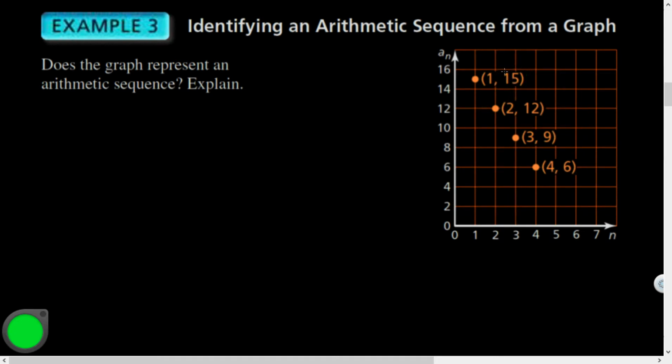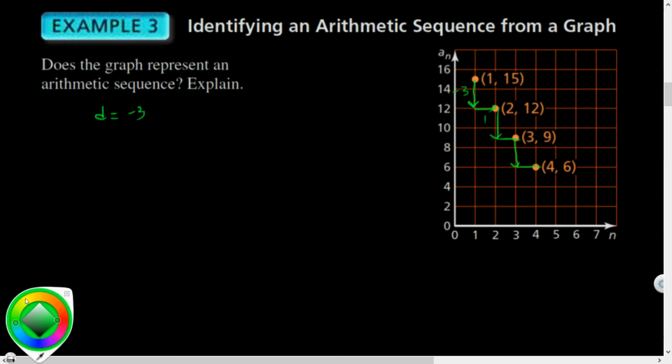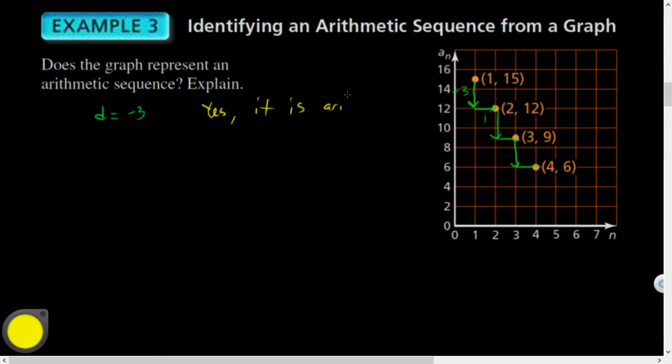It looks like it's going, yeah, down 3 over 1, down 3, over 1, down. Yeah, so the common difference is -3. And so, yes, it is arithmetic. Because there is a common difference.